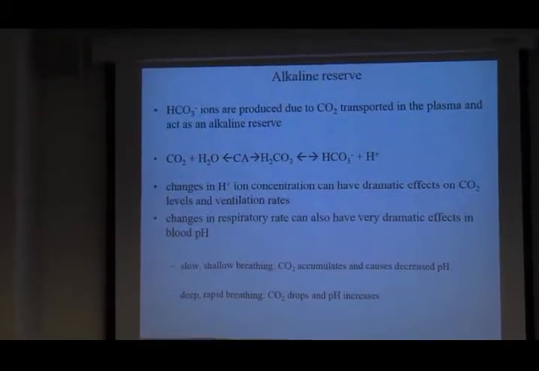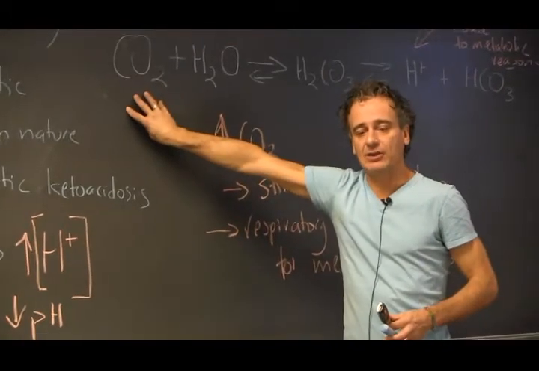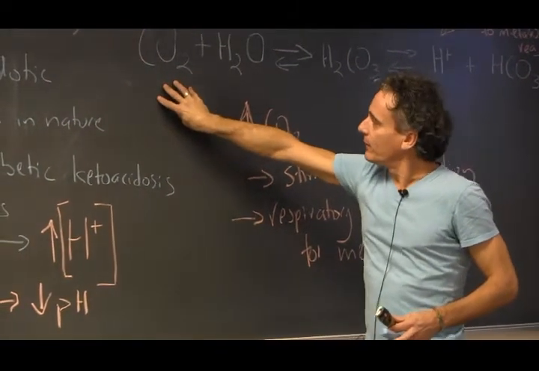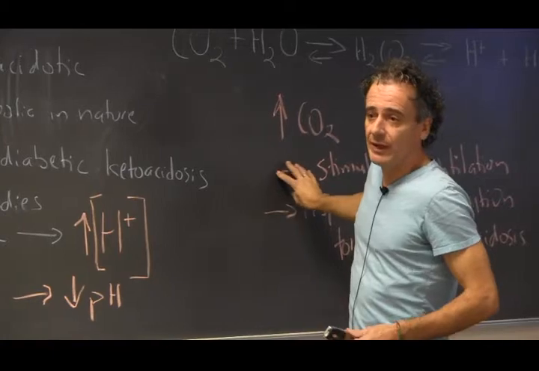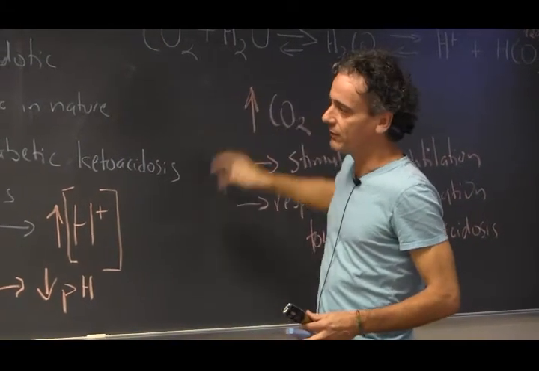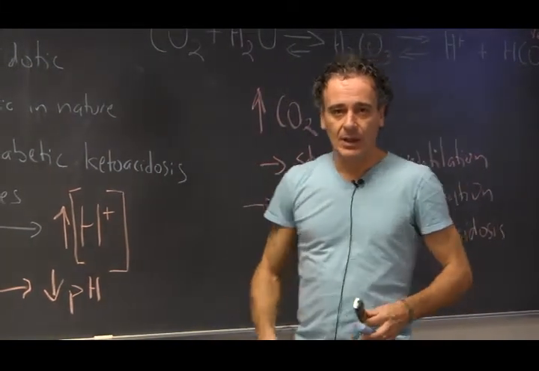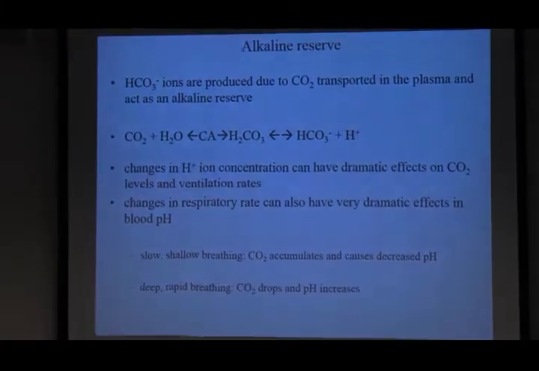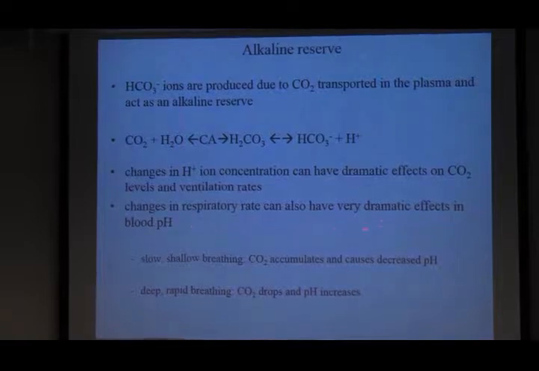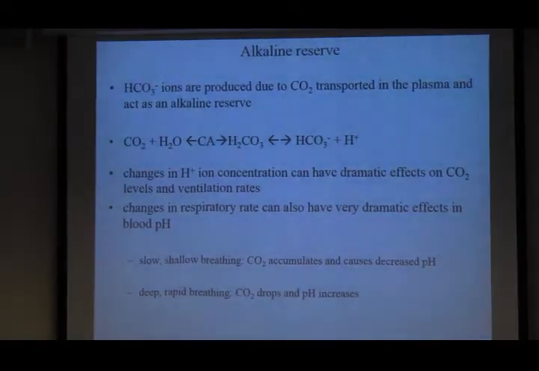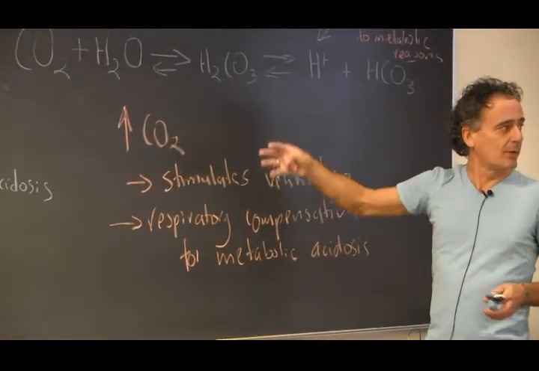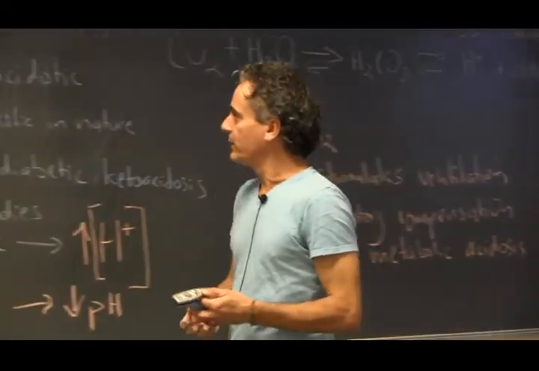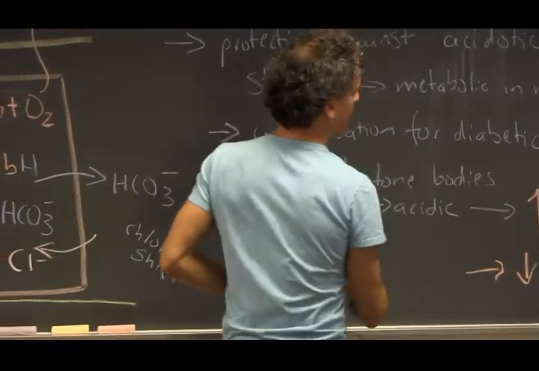By changing the levels of hydrogen ions, we can change the levels of CO2 in plasma and therefore affect ventilation and use ventilation as a form of compensation for this condition. The converse is also true, that changes in respiratory rate, as you can see over here, can have dramatic effects on the hydrogen ion concentration of plasma and therefore on blood pH. And let's outline that.